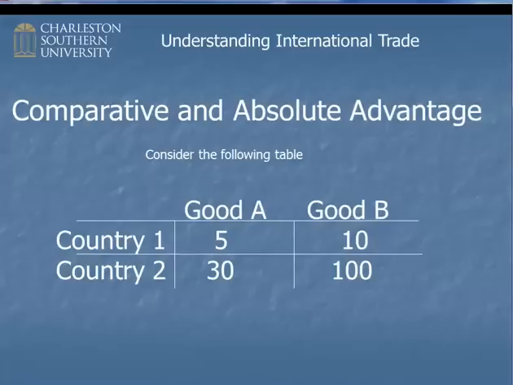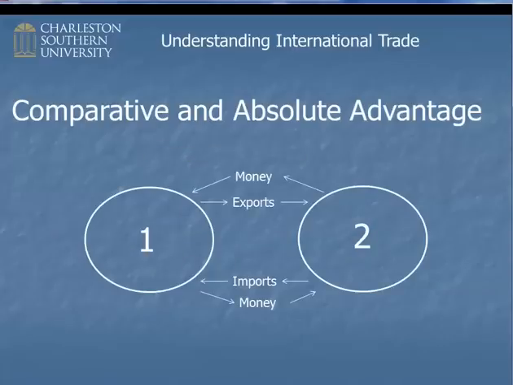Country 2 has a comparative advantage in good B. The reason is that in country 2, if you wanted an extra unit of good B, you'd only have to give up about 1/3 of a unit of good A, just like in the last example. So in this case, again, country 1 would export good A, and country 2 would export good B.